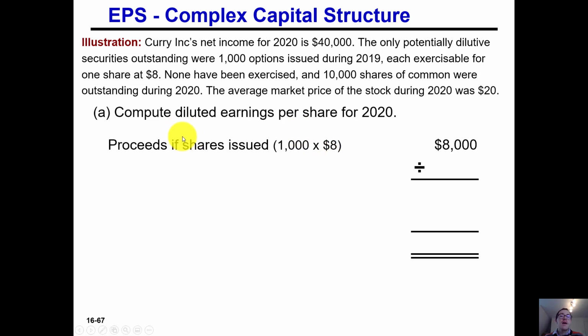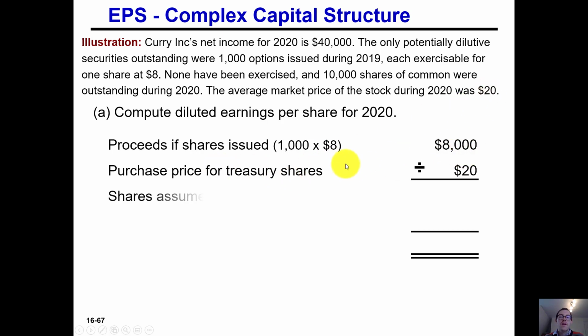Now with that $8,000, how many shares can they buy? Are they doing treasury shares? Well, if each treasury share is $20, that's the average price during the year, the company can then buy 400 shares. And they can use these shares to give out to the people that exercise the options. And this helps offset the dilutive effect.